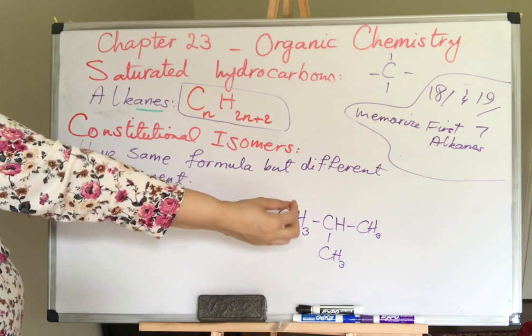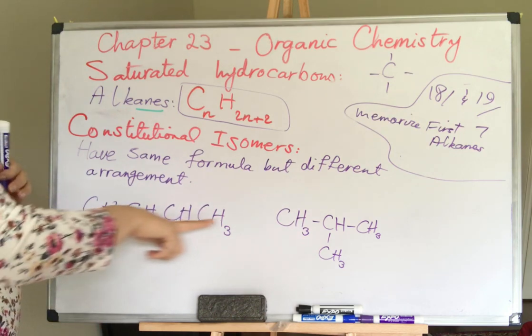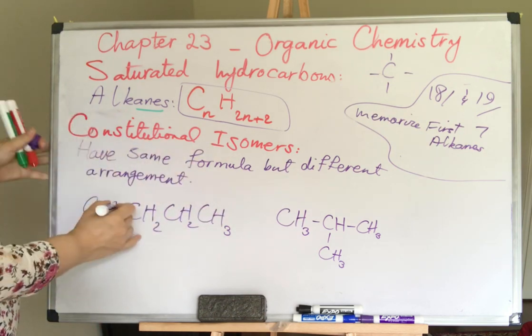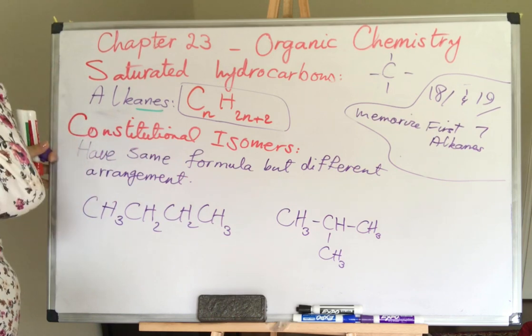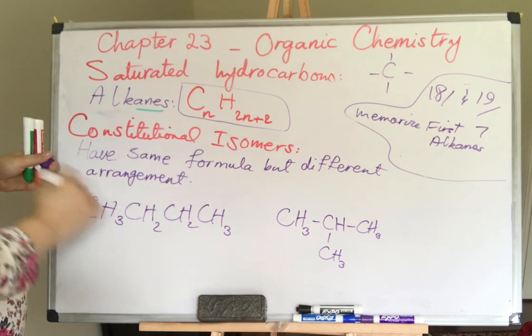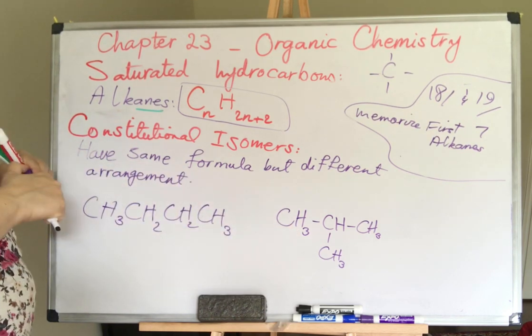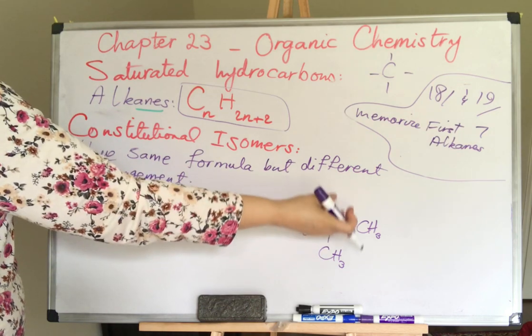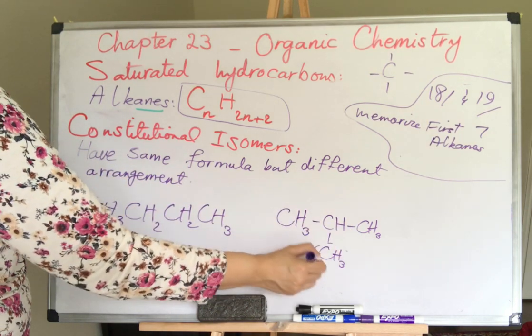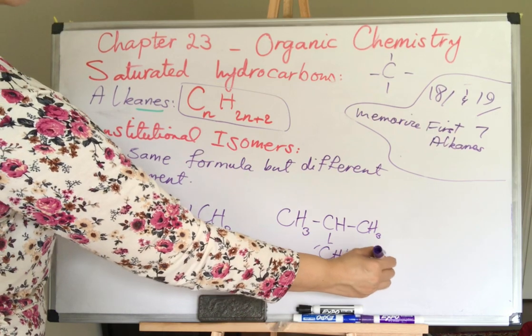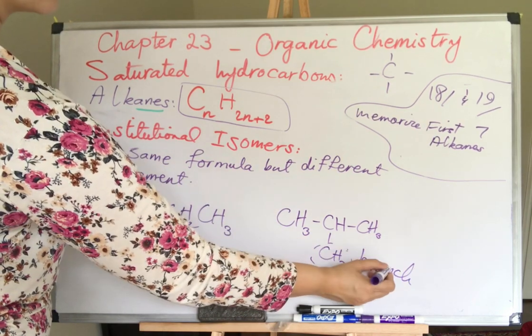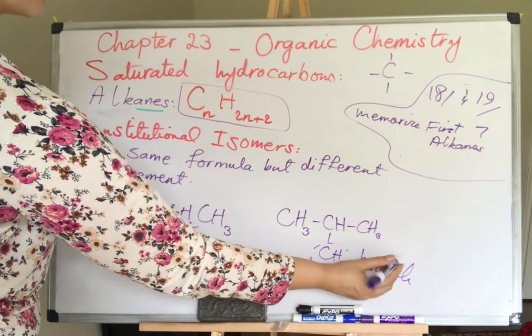The first one is completely straight, all the carbon atoms one after each other, and this is the condensed formula. And this compound is not completely straight. They call it a branch. It's like a tree branch, right? Sticking out of the compound.